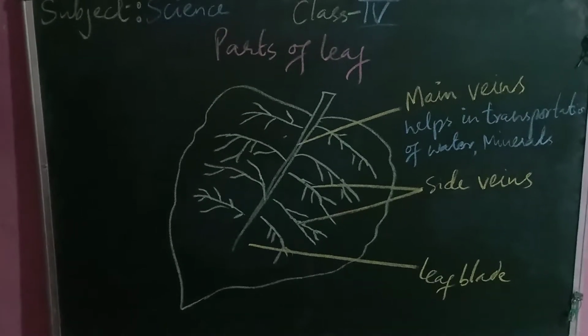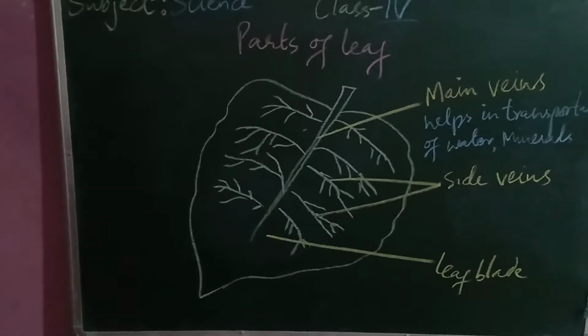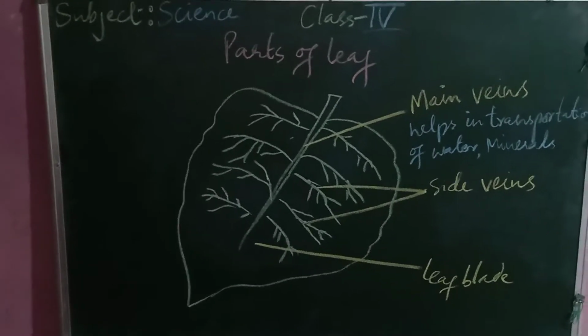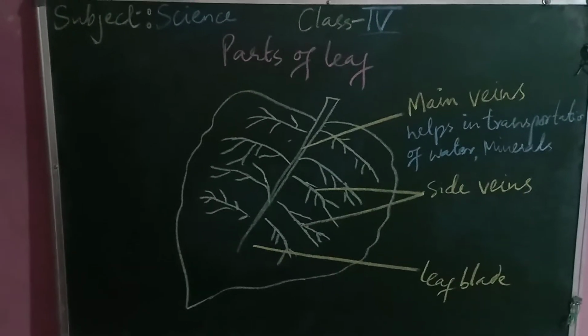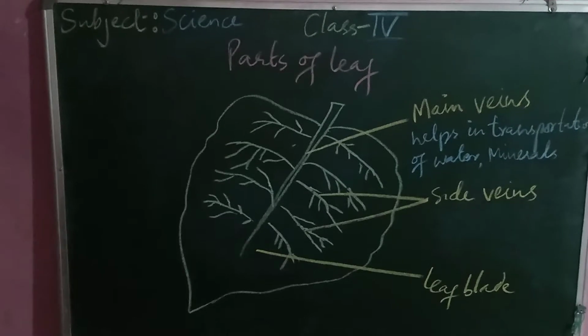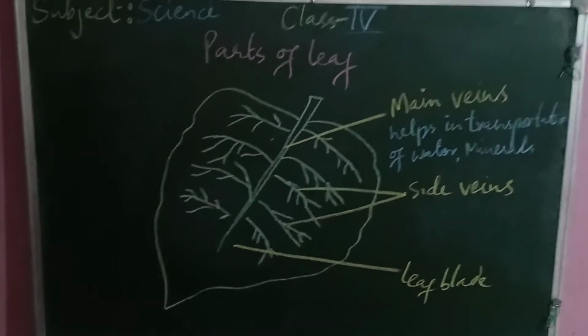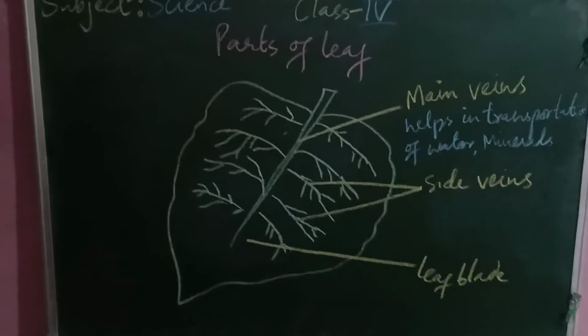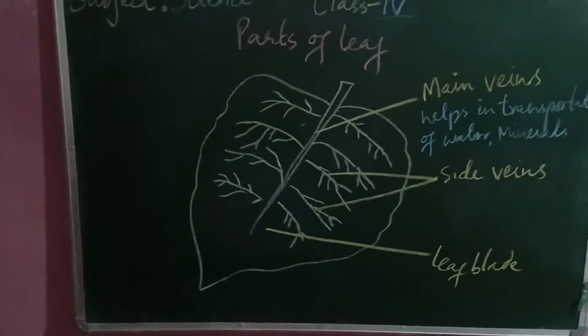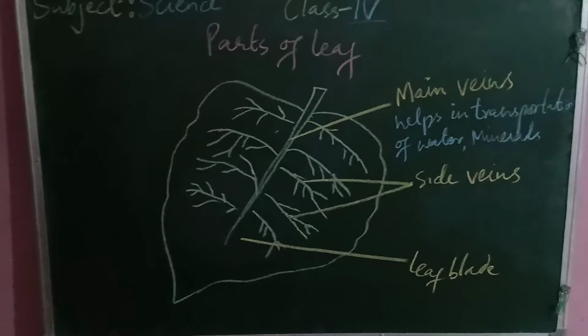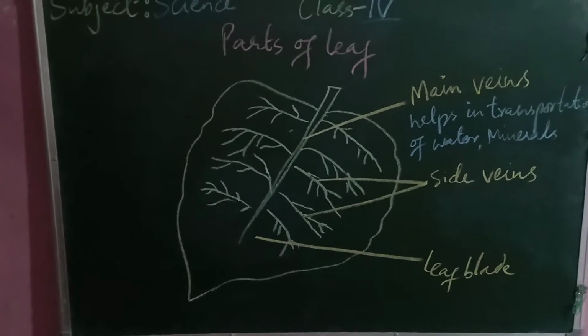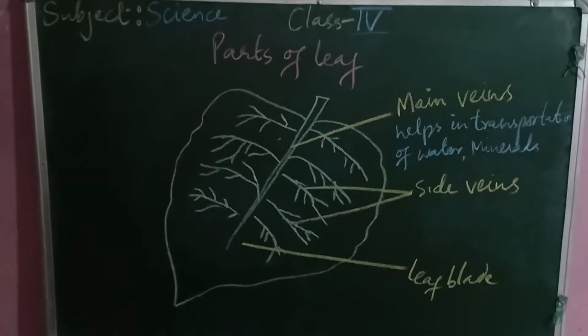The underside of the leaf contains millions of tiny openings. These tiny openings are called stomata. If we use a microscope, we can see those tiny holes present in the leaf, which are called stomata.